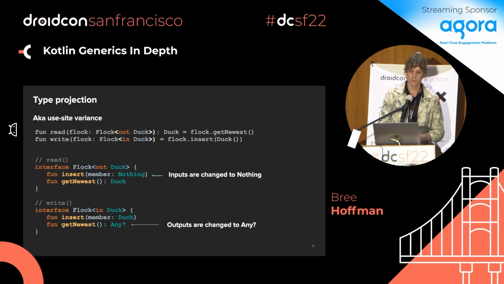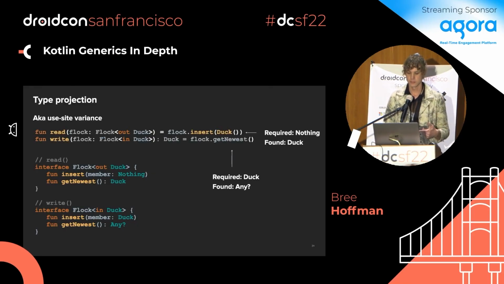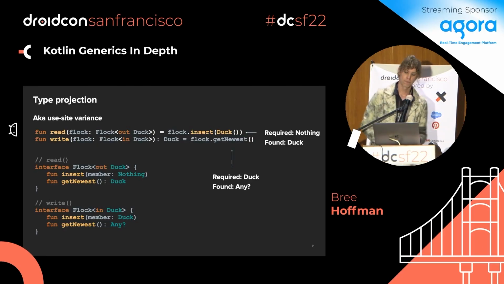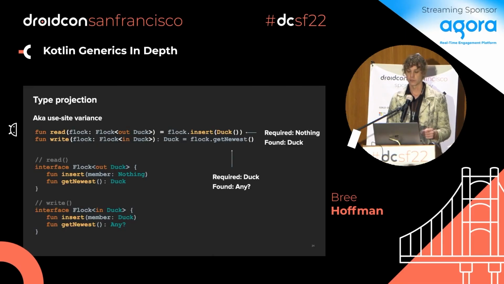I'm just going to flip around the implementations of these read and write functions so we can do an exercise and see what would happen were we to try and write code that contradicted the kind of variance that we had described in the use-site annotation. So in the case of the contravariant flock, the readable flock, if we tried to insert something into it, the compiler would tell us that it requires nothing, but it found a duck.